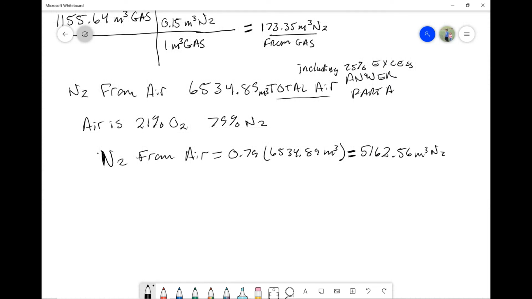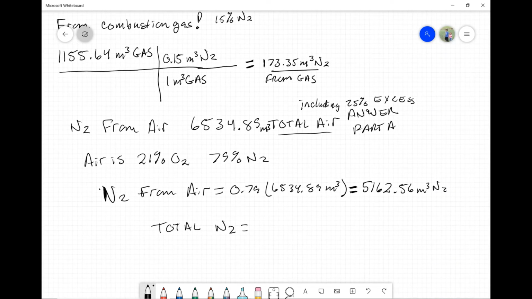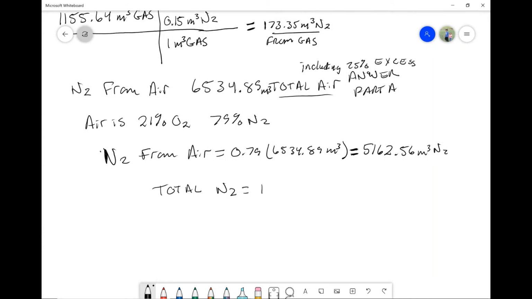All right, so the total N2 equals the 175.35 from the gas plus 5162.56 from the air.